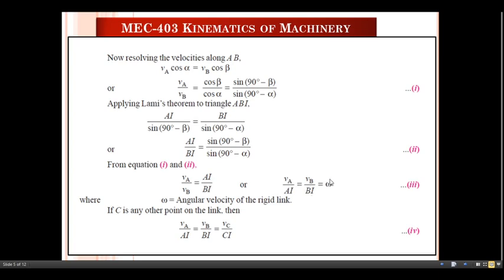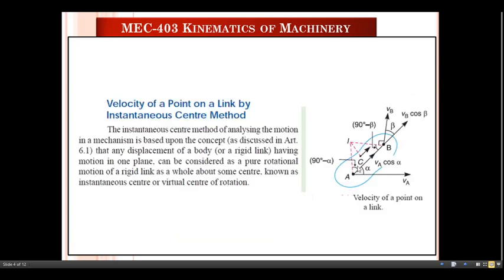So what about the omega? Omega is nothing but the angular velocity. We know the simple relation between linear velocity and angular velocity, V equals R omega, where R is the radius of rotation.